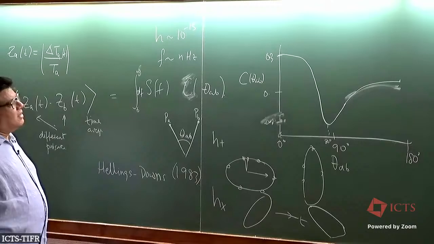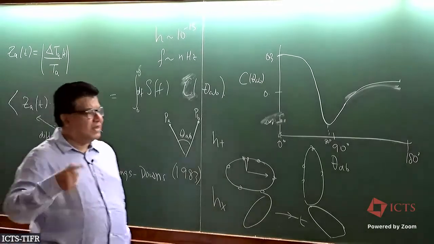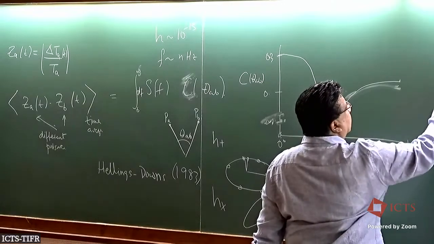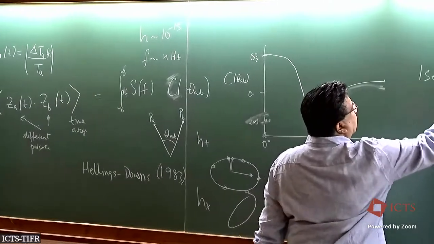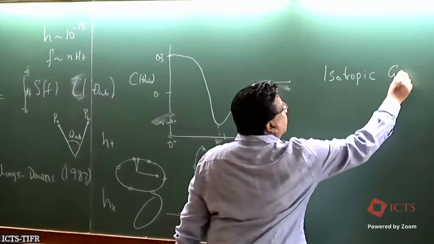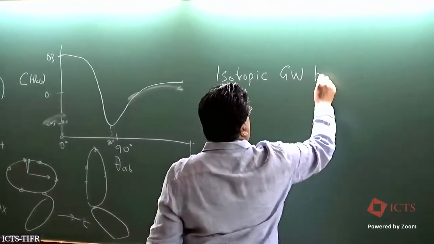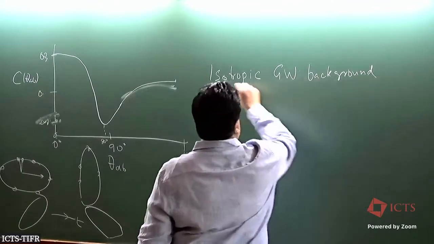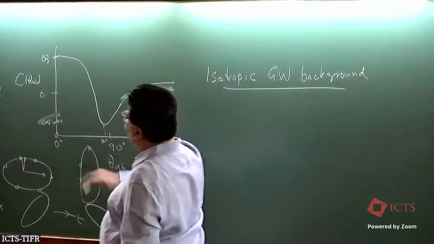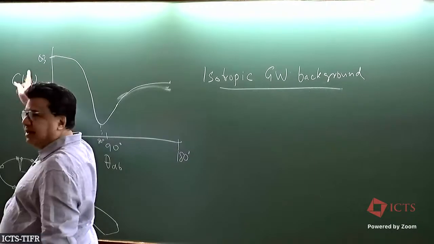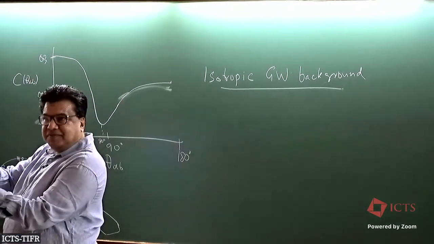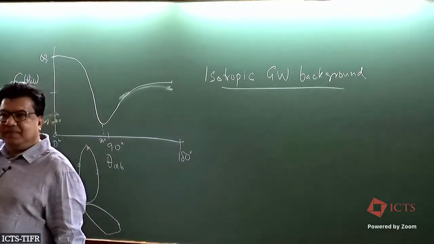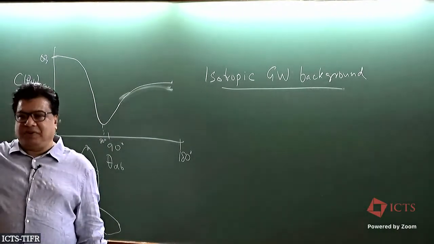So if it's a stochastic, isotropic GW background, then this correlation is just a function of this theta AB, the angle between the two pulsars. It doesn't depend upon any overall general direction. So there is no preferred axis.